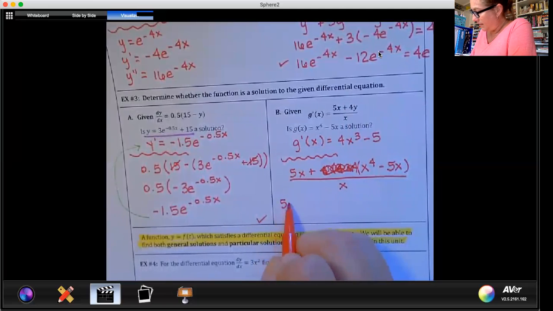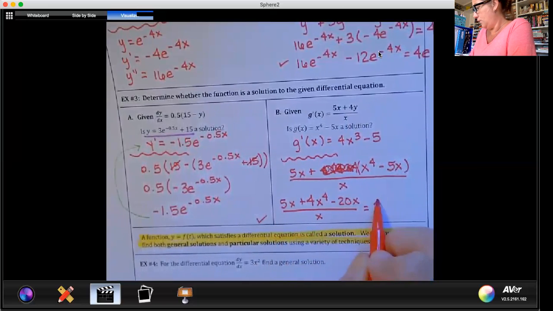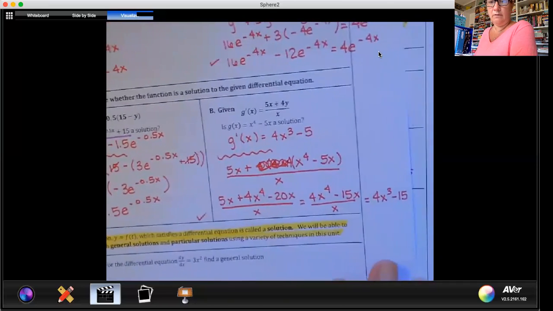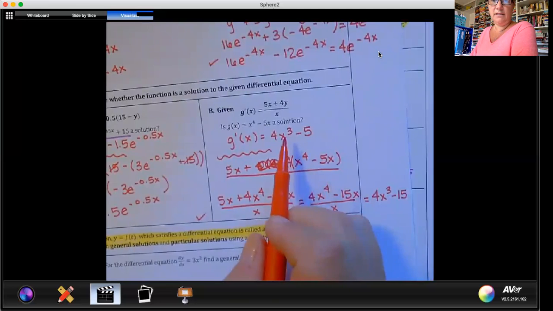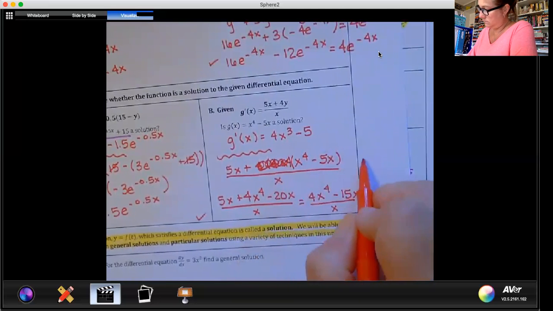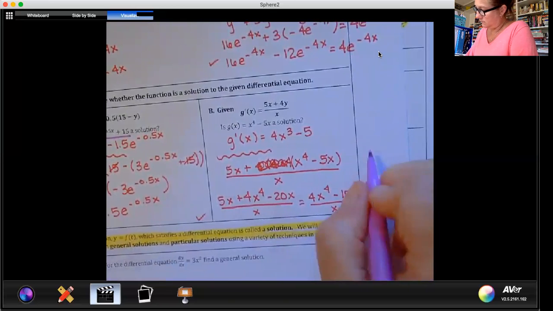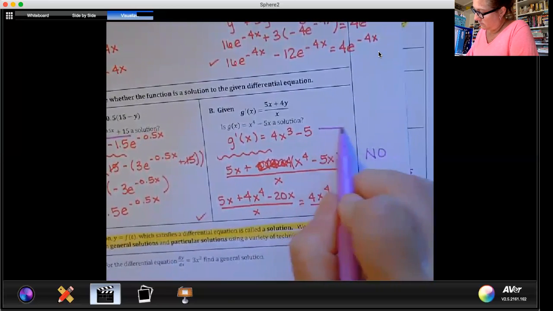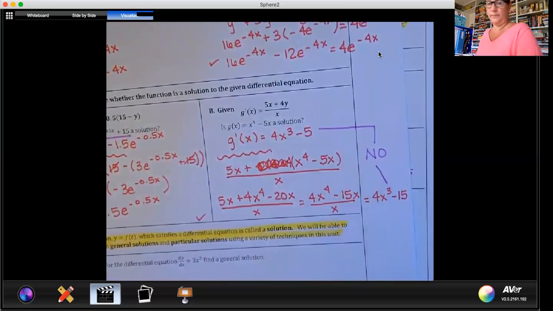So you have 5x plus 4x to the fourth minus 20x over x, which is 4x to the fourth minus 15x over x, which is 4x to the third minus 15. 4x to the third minus 15 does not equal that, in a different color. These two are not equal, so it would be no.